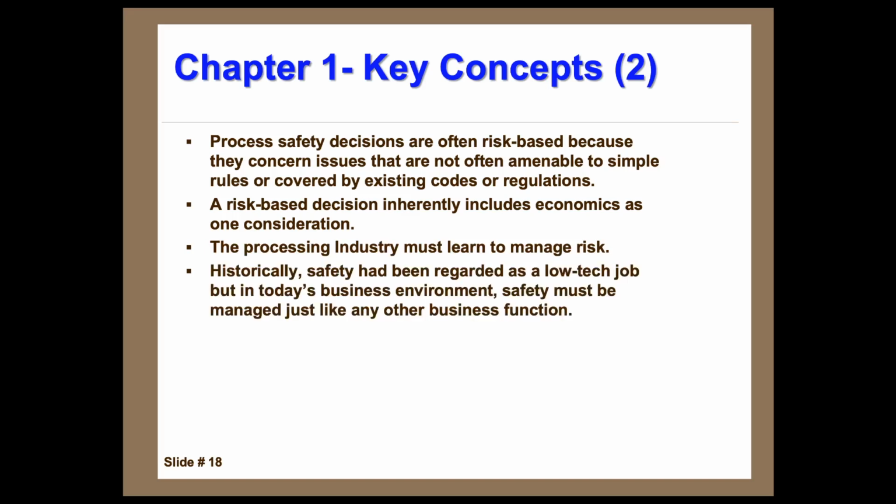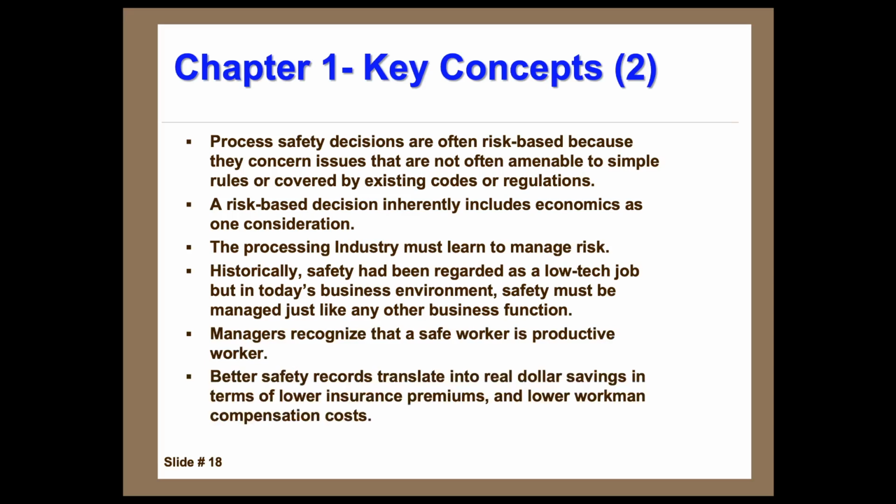Historically, safety had been regarded as a low-tech job, but in today's business environment, safety must be managed just like any other business function. Managers recognize that a safe worker is a productive worker. Better safety records translate into real dollar savings in terms of lower insurance premiums and lower workers' compensation costs, etc.